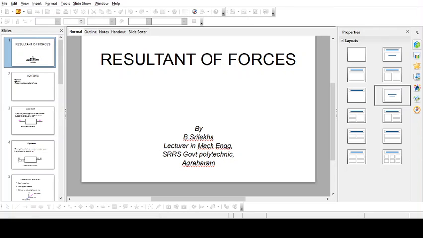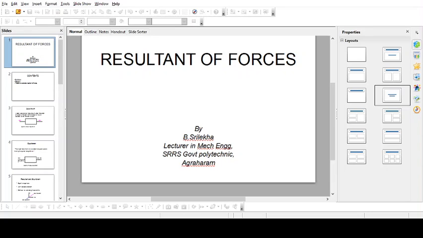First, the sum of all the horizontal forces must be equal to 0. That is F1 cos theta 1 plus F2 cos theta 2 plus F3 cos theta 3 and so on should be equal to 0. Thereafter, we took the sum of the vertical components equal to 0.